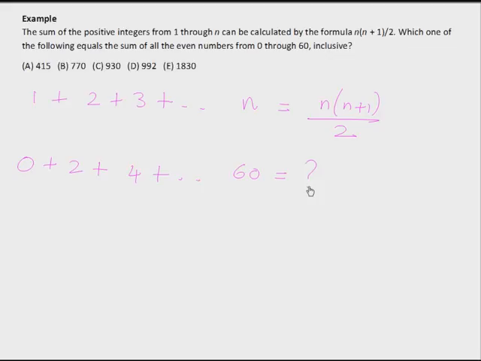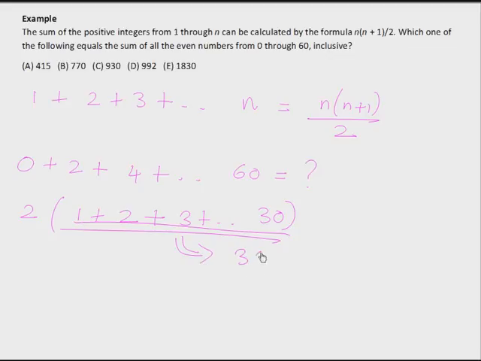Well, since they're all even numbers, they're all divisible by 2. So I can pull out 2 common as a factor. And I get 1 plus 2 plus 3 all the way to 30. Now I have the sum of integers from 1 to 30. So I can use the formula for this part. The formula for this part is just the formula given above with n equal to 30.